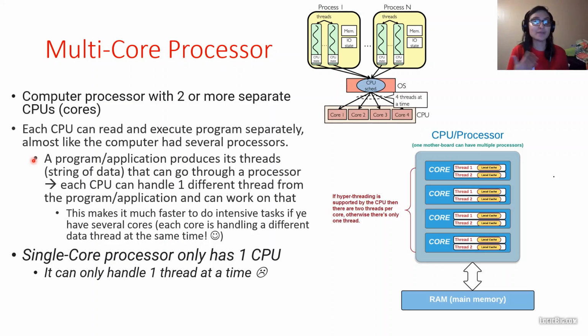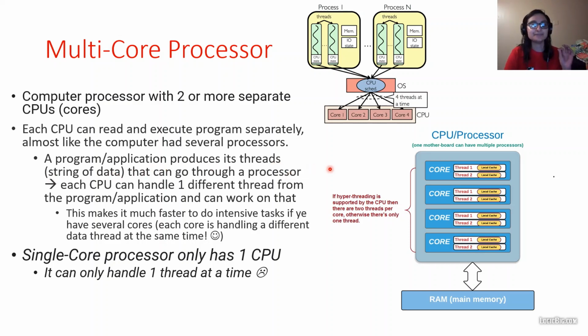We have programs and applications, and it's the job of the application and software developer to make sure that the code can be run in a parallel fashion. In R, for instance, there are many ways to write and parallelize your code. But basically, when we look at a program or application written by a developer or any programmer, it produces threads, or strings of data, that can go through a processor.